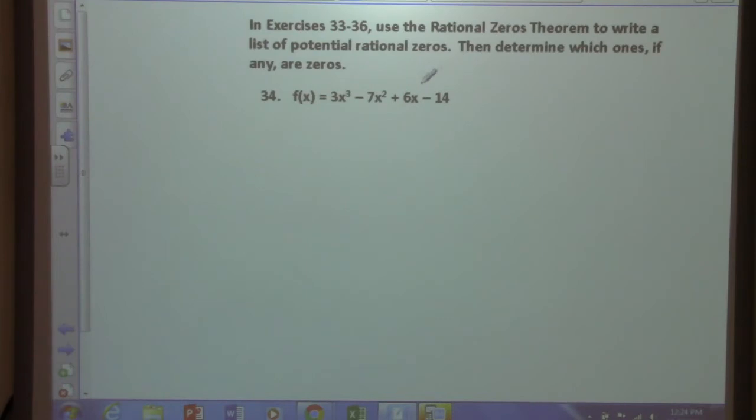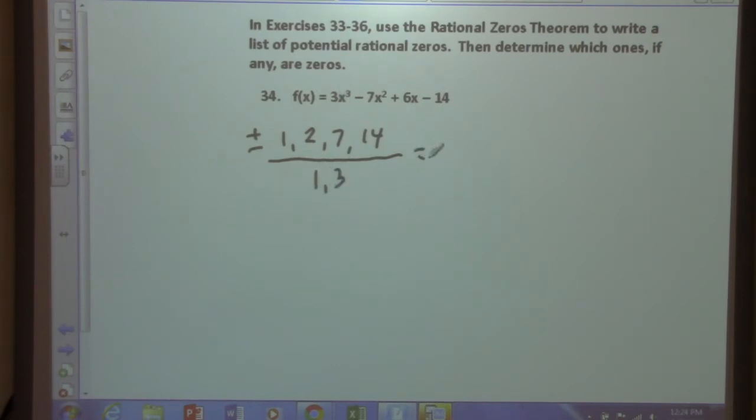I will show you this one. Our answer is going to be plus or minus the factors of 14, which are 1, 2, 7, and 14, over the factors of 3, which are 1 and 3.